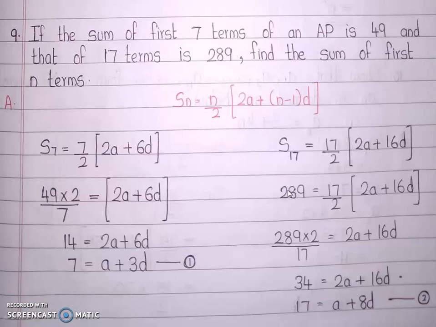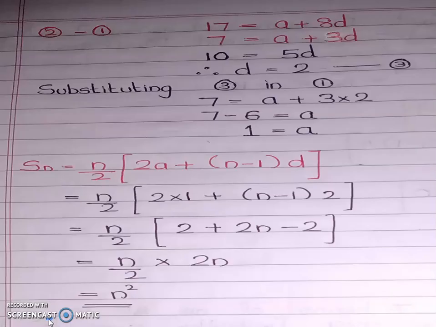Simplifying, I'll take 2 this side, multiplication, 17 this side, division. So you'll get the equation as 17 is equal to a plus 8d. How? I divided the entire equation by 2. Now, I got 17 is equal to a plus 8d.